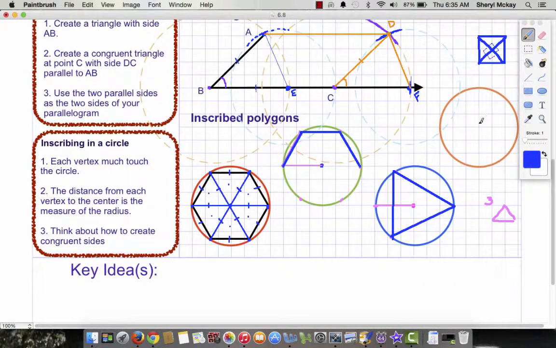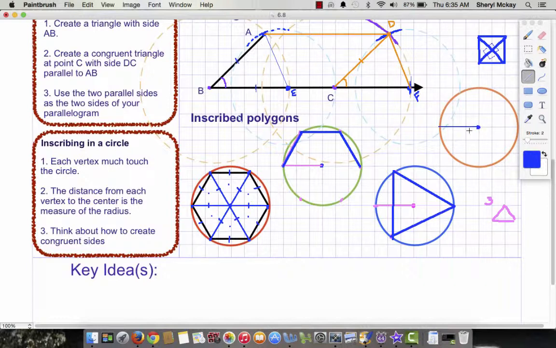So let's start again with the center of our circle, which is right there. And then let's take our straight edge and create our first diagonal, okay, by taking our compass, all right, and measuring from the center of the circle to the edge of the circle. Now that we have a radius, we can go around, and start on this side.